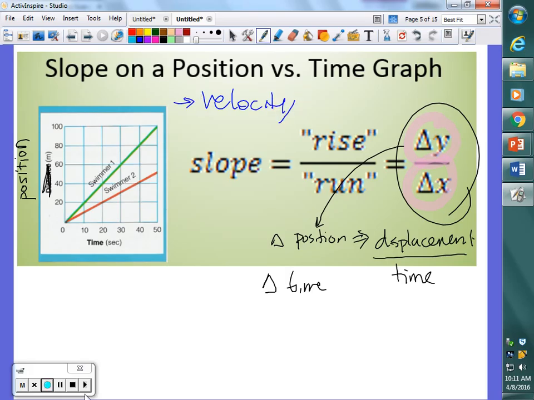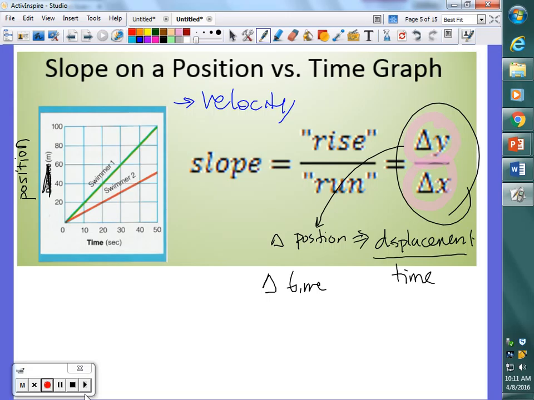Okay? Ronnie, go ahead. When you're talking about displacement, do you always give us a reference point and then an ending? We have to do that for displacement. I would have to tell you where it starts and where it finishes, okay?